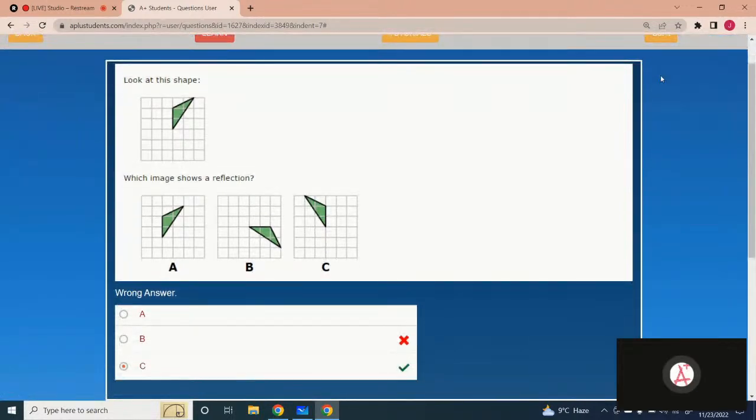C is the reflection, not B. Yes, it is C.